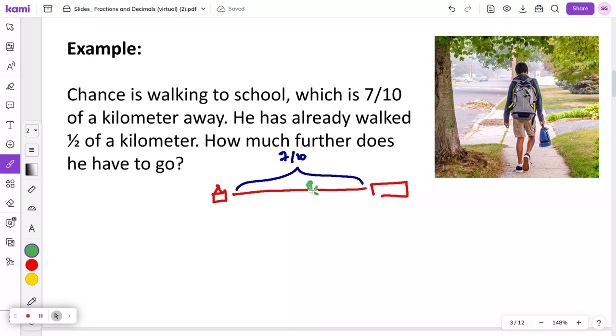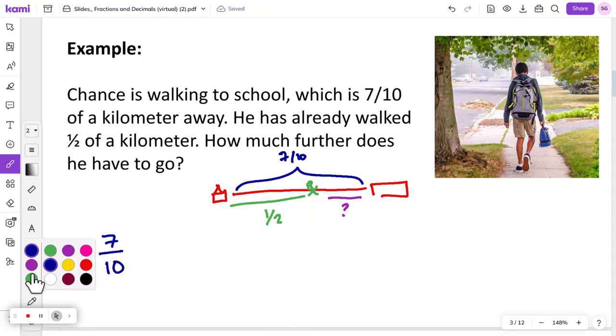If I put him right here, we are told that he has already traveled half a kilometer. We are trying to figure out how much he has left to walk. And in order to do that, we're going to use subtraction. We're going to take that entire distance he has to travel and subtract what he has already traveled to figure out that question mark there, to figure out what's left.